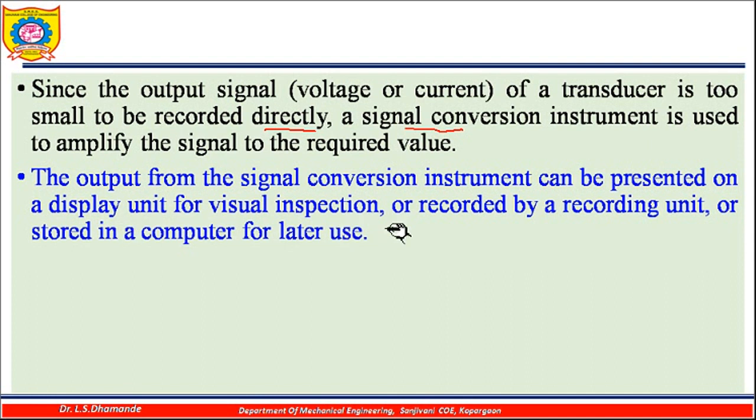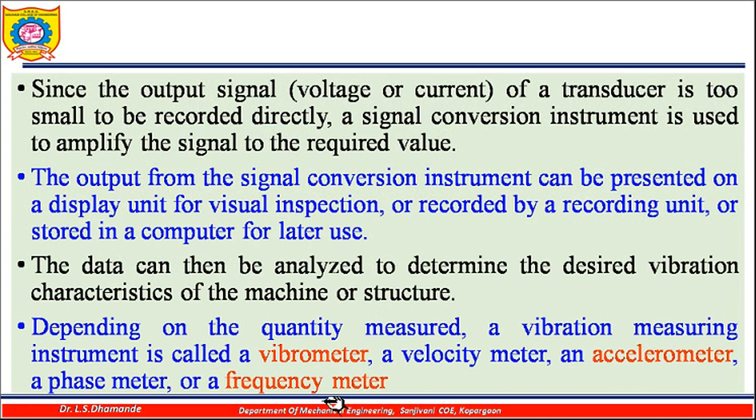Whatever output is obtained from the signal conversion instrument, you provide to the display unit for visual inspection, or sometimes it is recorded by a recording unit, or it can be stored in a computer for analysis. Generally, for making analysis we store it in a computer. Then the data can be analyzed to determine the desired vibration characteristics of the machine or the structure.